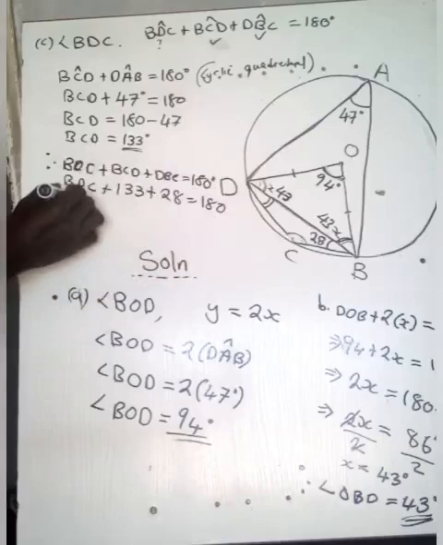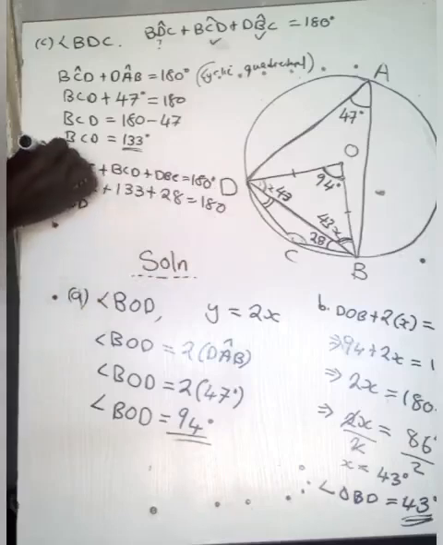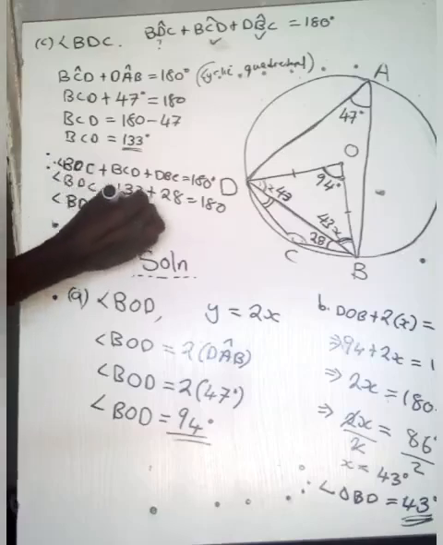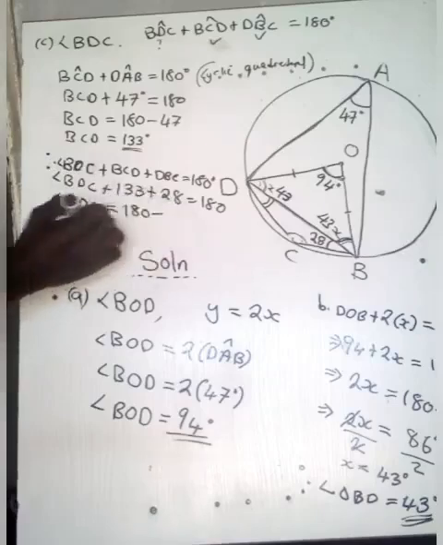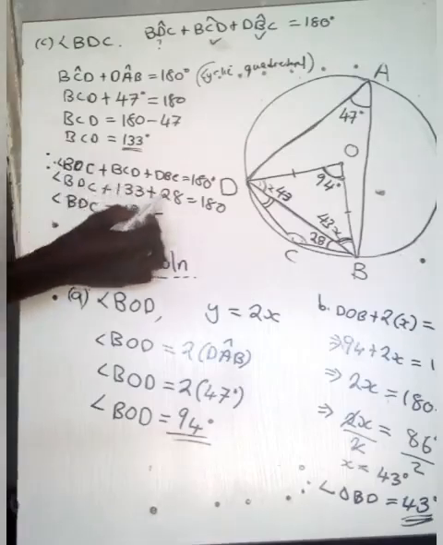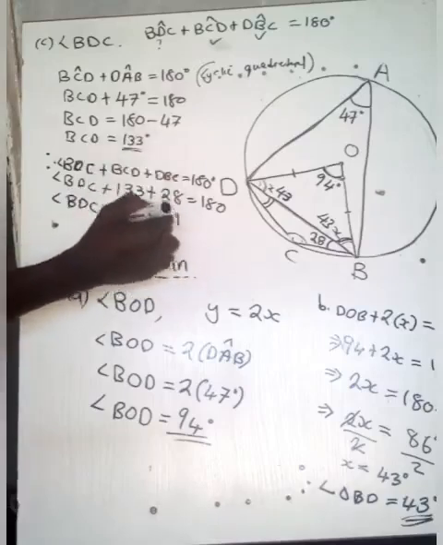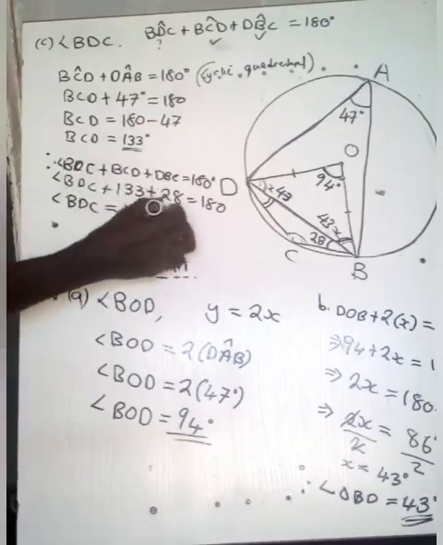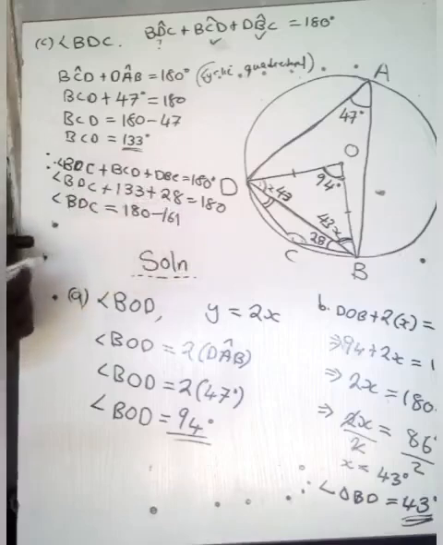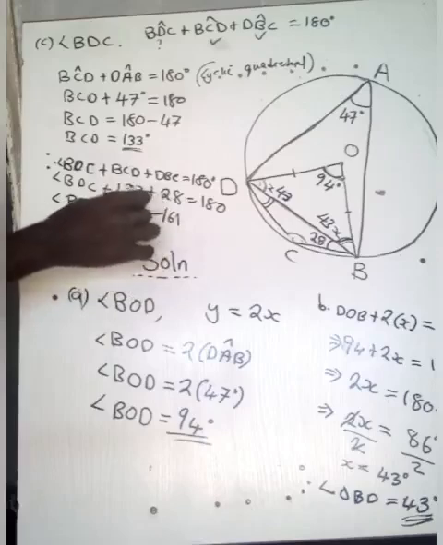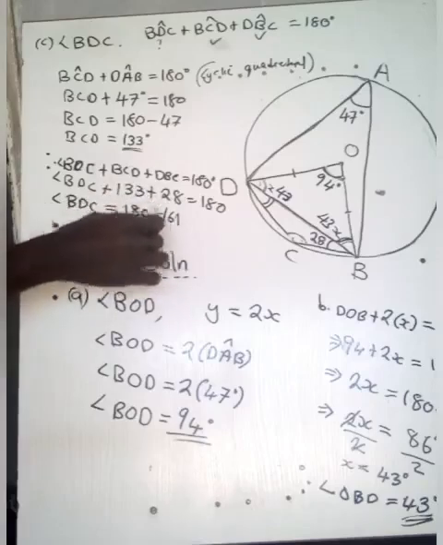So what is my BDC? Remember, these are angles. BDC is equal to 180 minus, now when you add these two, 133 plus 28, 3 plus 8 is 11, carry 1. 3 plus 2 is 5, plus 1 is 6, then 1.